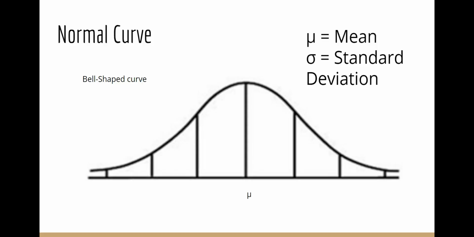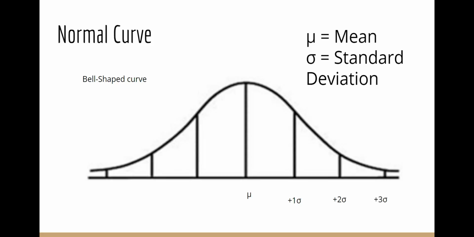Because this is a normal curve, our mean or mu is always in the center of our distribution. So that's that middle line right there. Then to go to the right, we just add the standard deviation to our mean. That is one standard deviation above the mean. Two standard deviations above the mean, you just add the standard deviation twice to our mean.